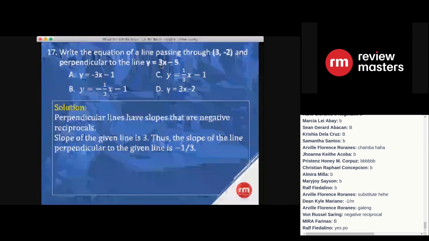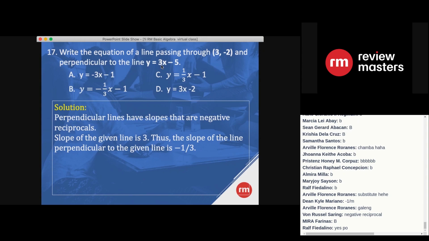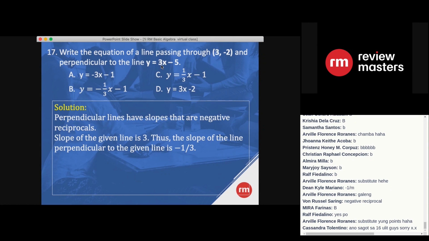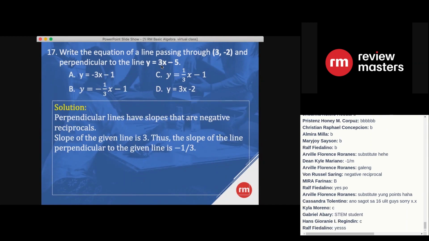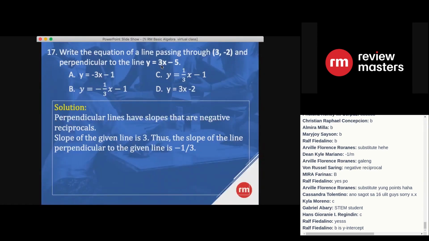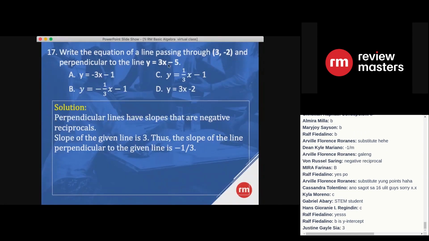Okay? Now, kung ang question is parallel, and then therefore, dapat yung slope nung another equation mo passing to 3, -2, kailangan 3. But here, the question is perpendicular. Kapag ka perpendicular, kailangan is negative reciprocal ng ating slope. So para ang lines maging perpendicular, kailangan siya ay negative reciprocal. Okay. Now in the given, y is equal to 3x minus 5, the slope is 3. Okay?